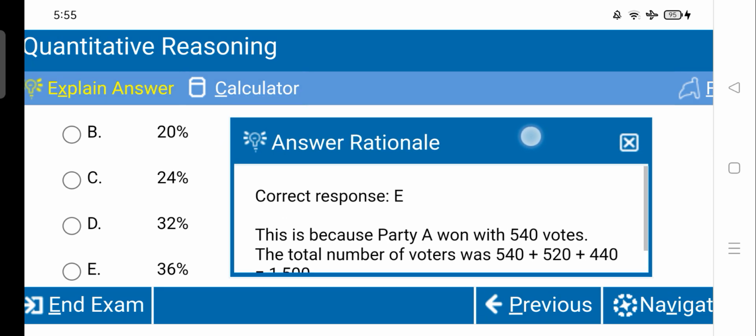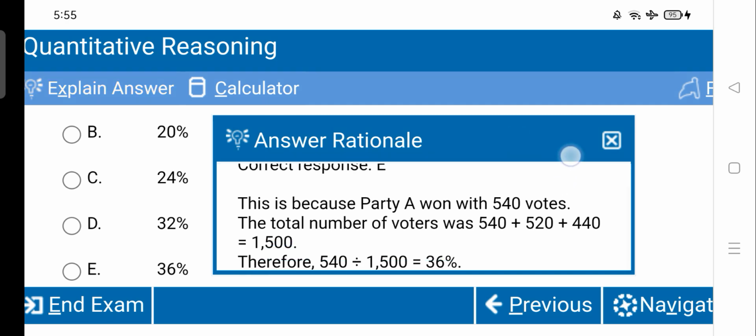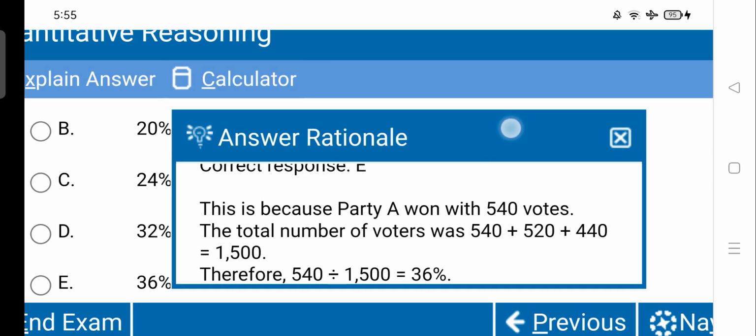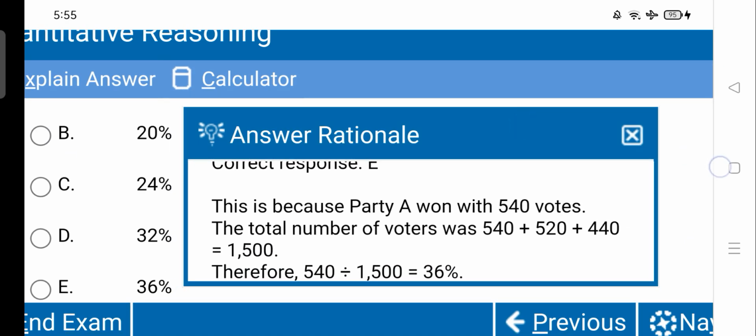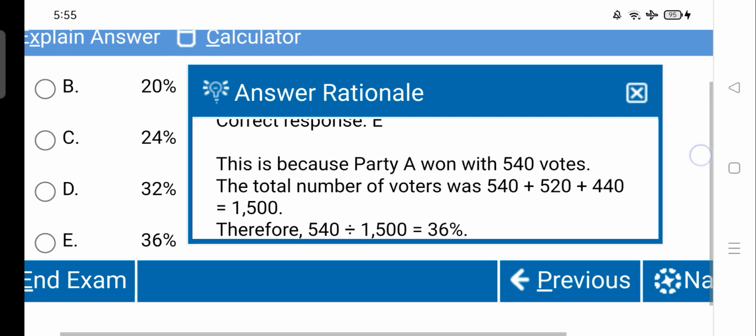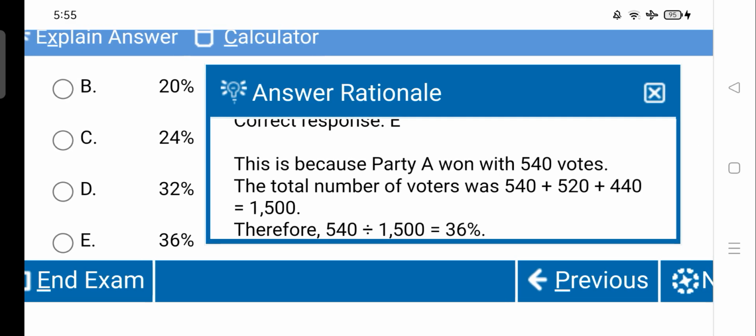So the correct response is option E, because party A won with 540 votes. The total number of voters was 540 plus 520 plus 440 equals 1500.